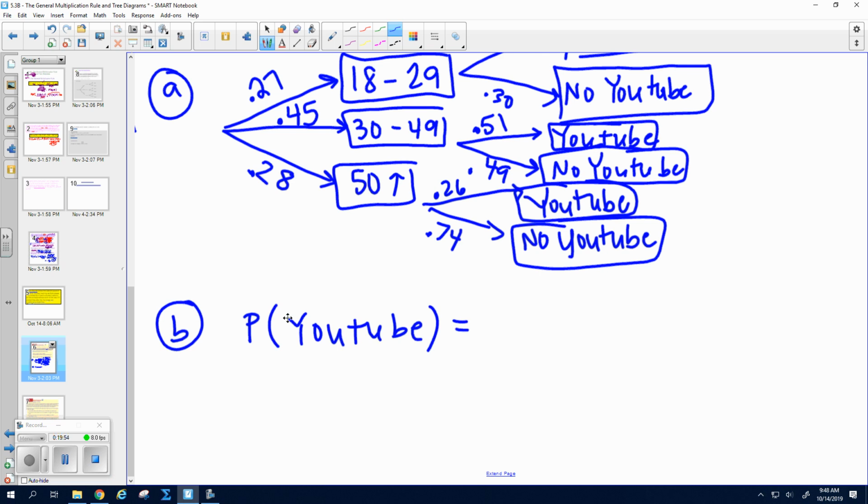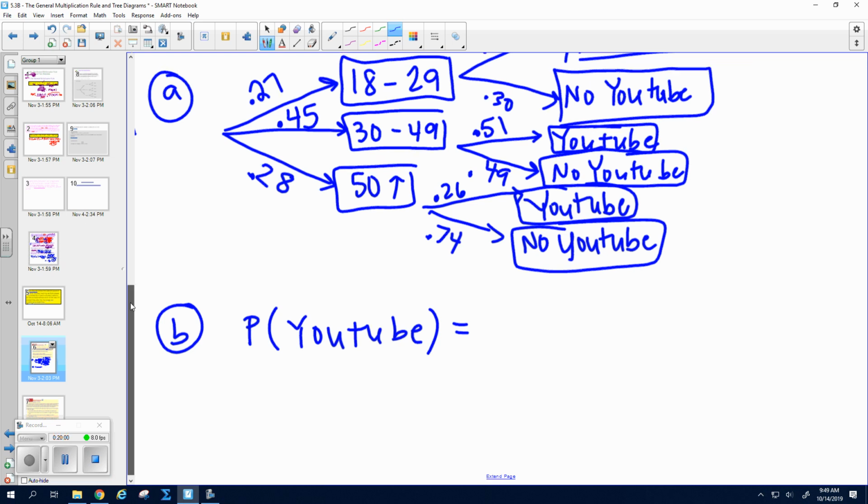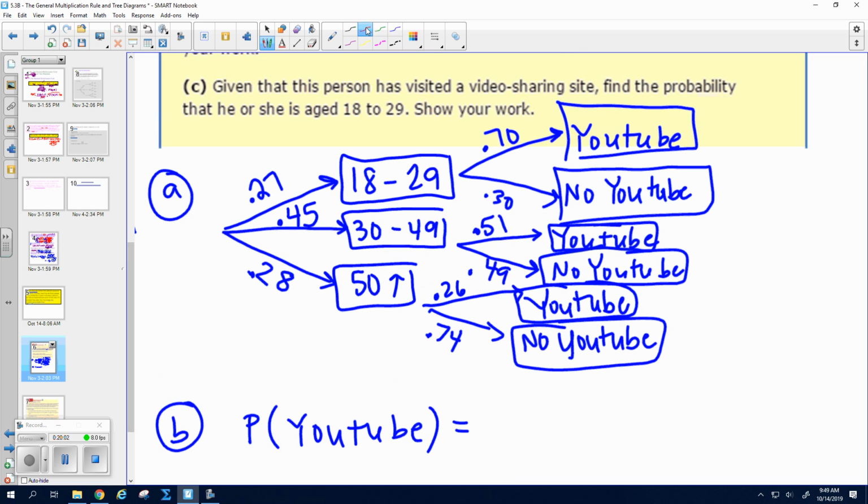So Logan, how many pathways do we have to YouTube on our tree diagram? There are 3 pathways. 1, 2, 3. Okay, you don't have to show all the and statements if you don't want to. You can just tell me what you're going to multiply and what you're going to add.